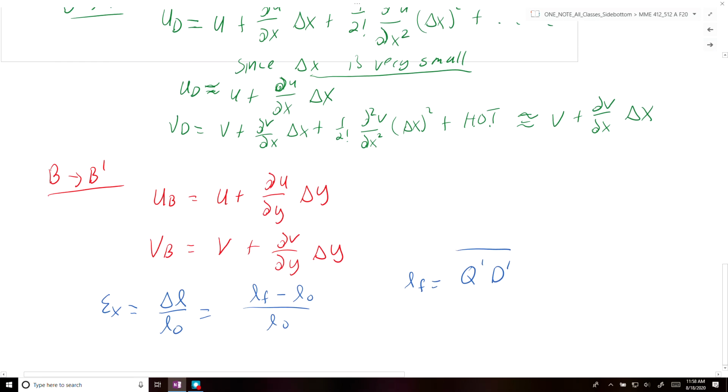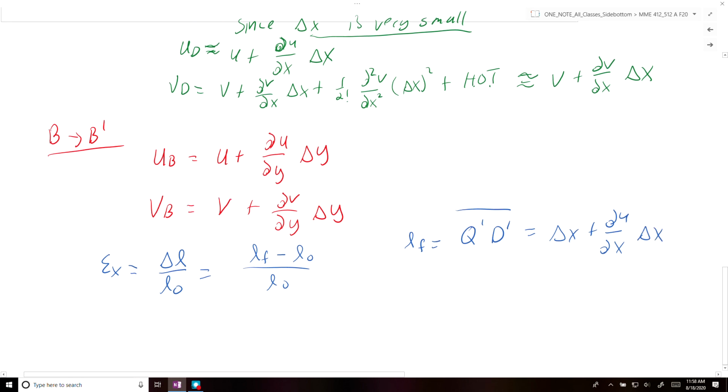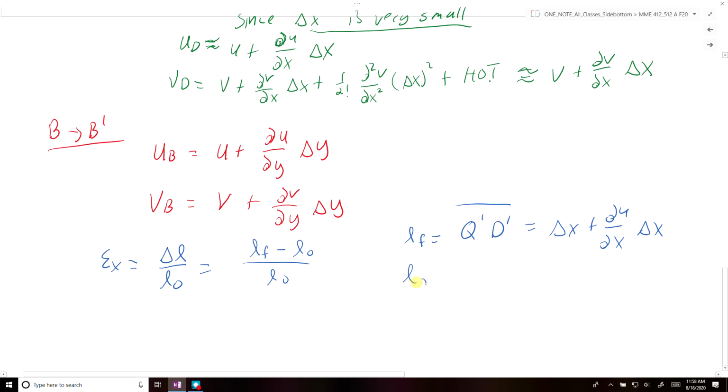The original, so we know that from Q prime to D prime, we can say that would be equal to delta x plus du/dx delta x. All right. And then we can do it in a similar way. We can define the original length as just being equal to qd, which we can say is just going to be delta x.